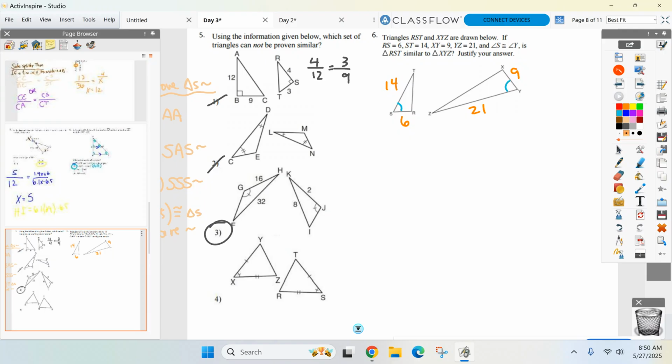Side, angle, side. So everyone now is just testing, are the sides in the same ratio or not? We don't have enough info for angle, angle, or side, side, side.